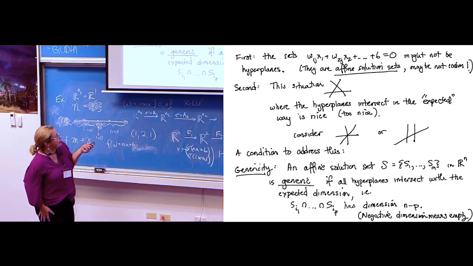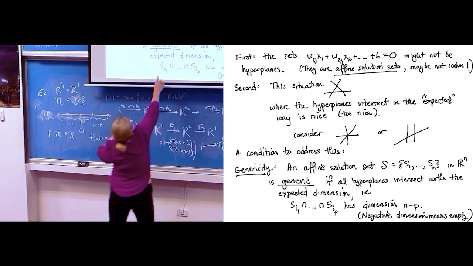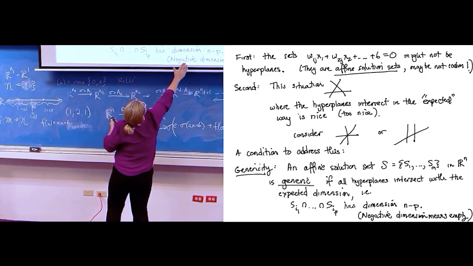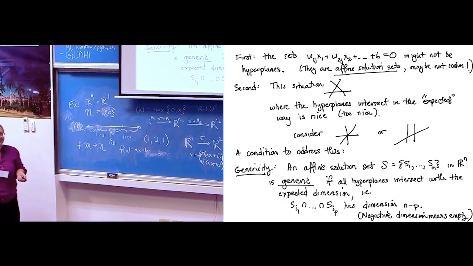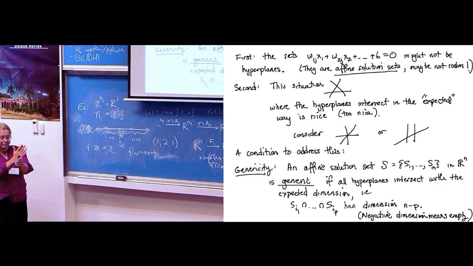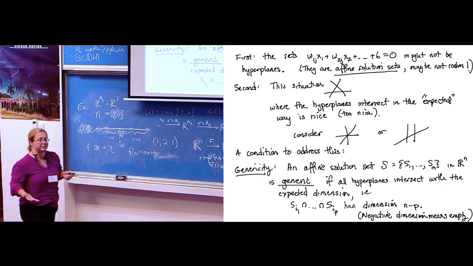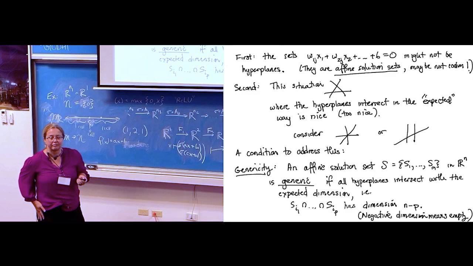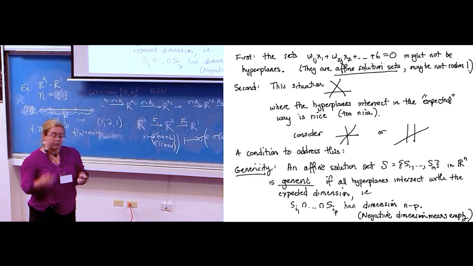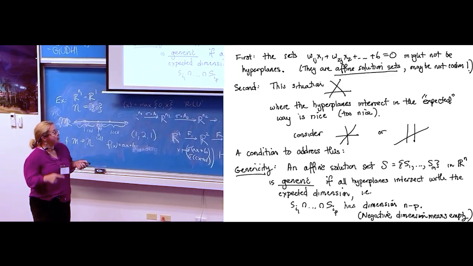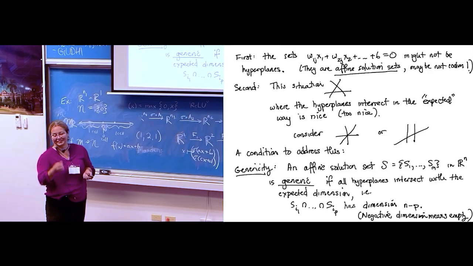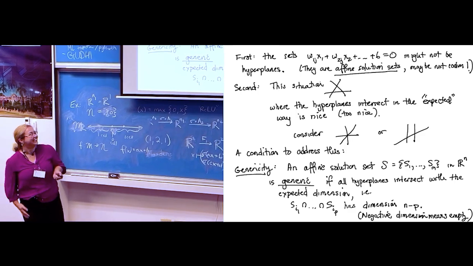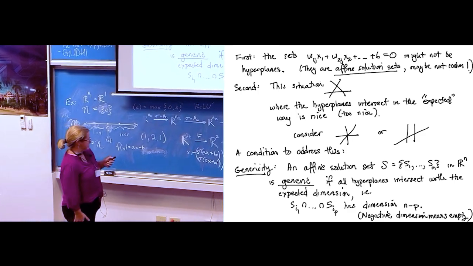In particular, if you only have one of them, like S_I1, it's saying that this has dimension n minus 1, meaning it's a hyperplane. So genericity implies hyperplanes, and it also implies that those hyperplanes intersect in the way you expect them to. Great question. If p is greater than n, you interpret that as meaning empty intersection. I should have written that on this slide. Understand negative dimension to mean empty.